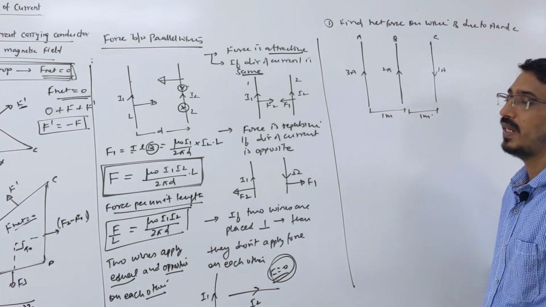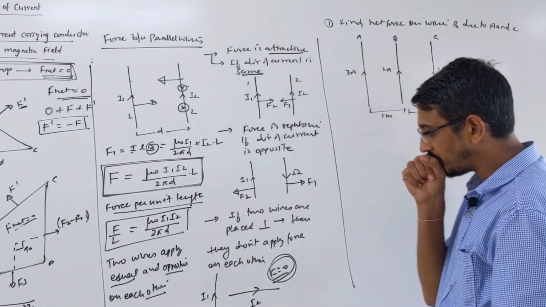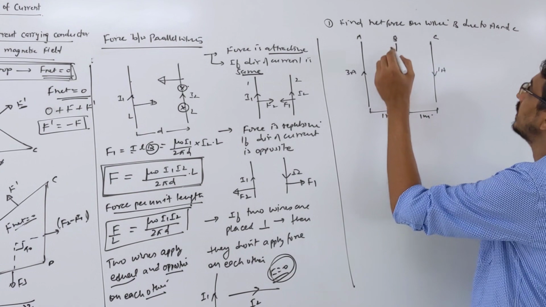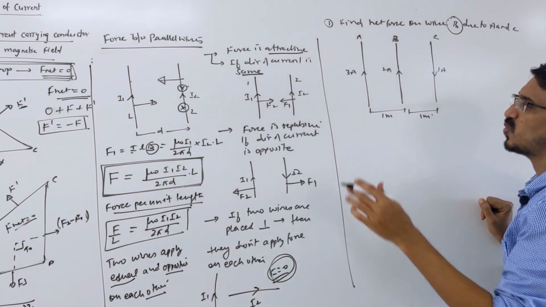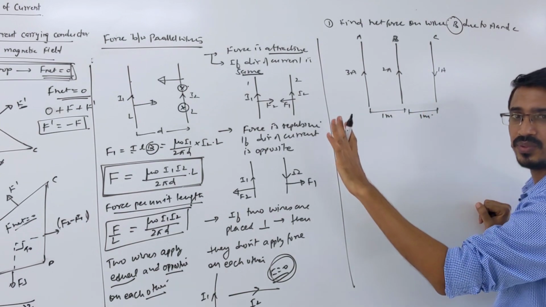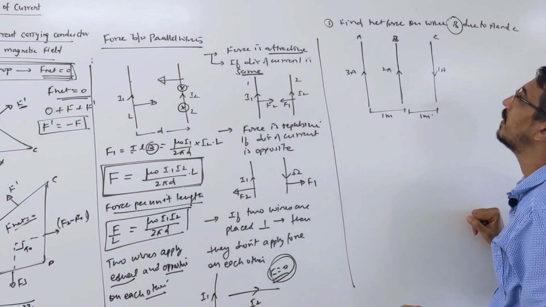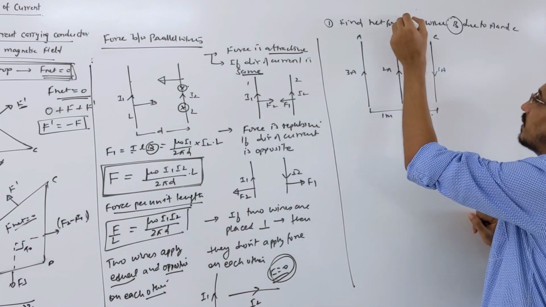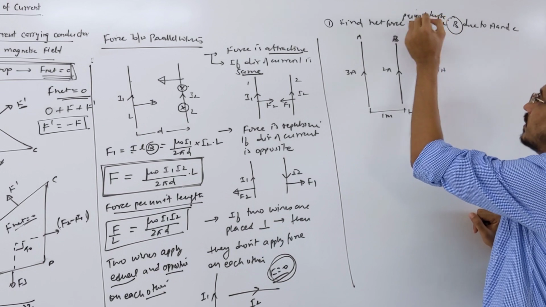And force on any one wire they will ask you due to the other wires. So look here. They are asking force on wire B, this is wire B, the middle wire. Force per unit length. Length is not given. Suppose it is given, you can write that formula. Not given, then they ask in this format. So I'm saying force per unit length.